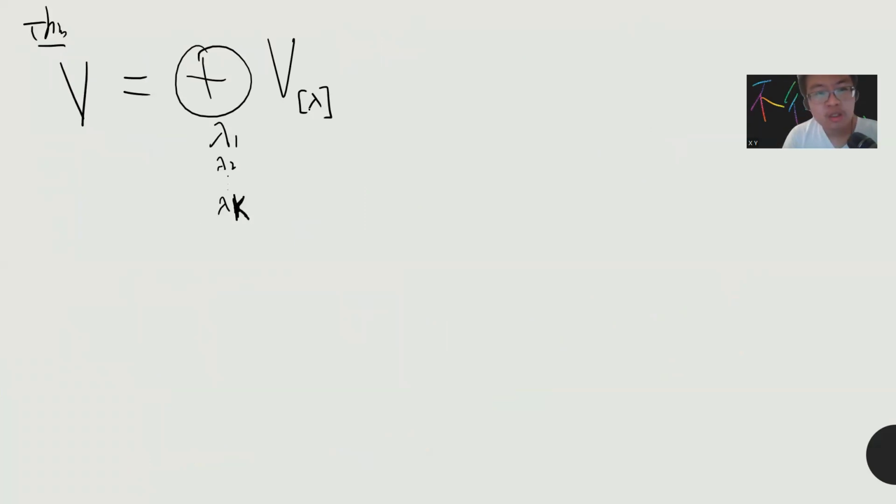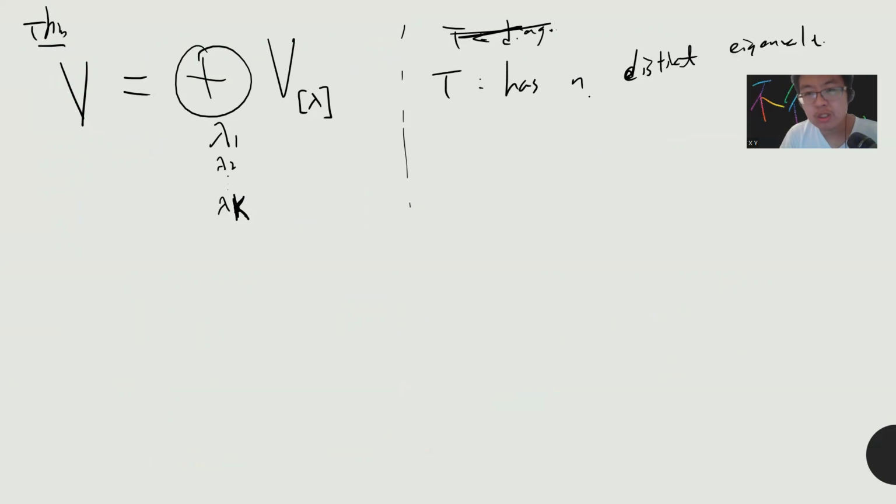This is almost the same as when T is diagonalizable. If T has n distinct eigenvalues, then V can be written as the span of the eigenvectors, so that is a special case of the generalized eigenspace decomposition.